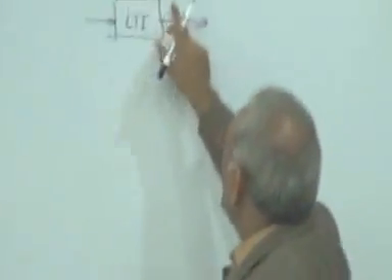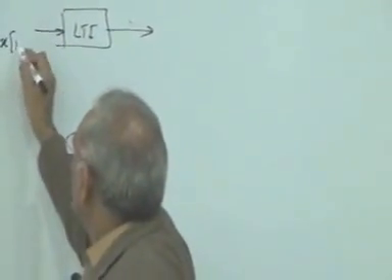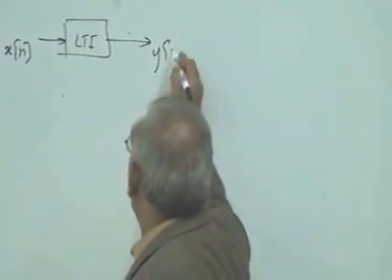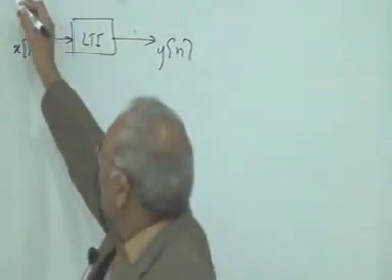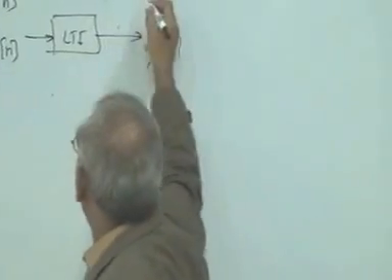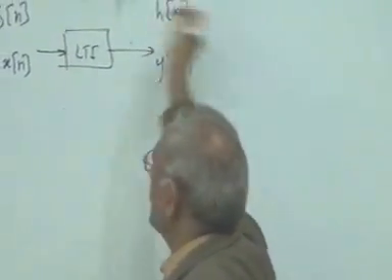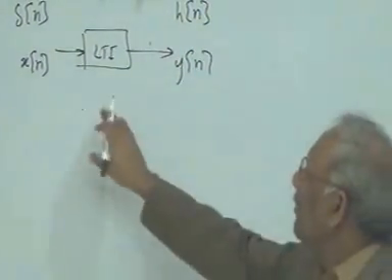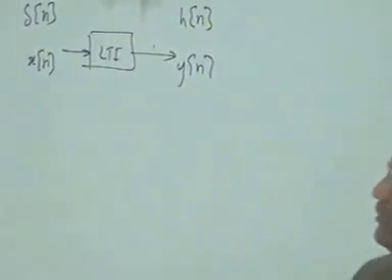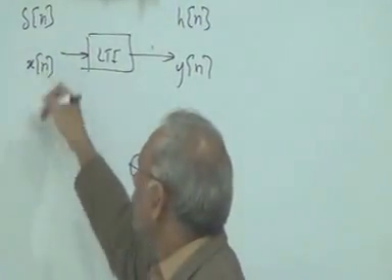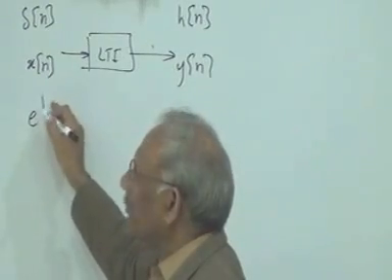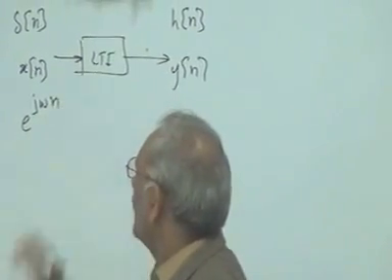So if we have an LTI system, a discrete time LTI system, input x of n, we saw that if we give a unit impulse as an input, output is h of n, we call that the impulse response. Now what if we give a complex input to it? Now complex input is of the type e raised to power of j omega n.